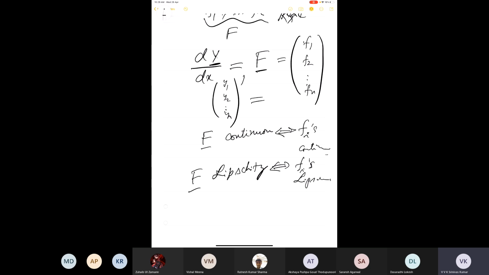How do we define the successive approximations here? Earlier we defined an integral from x naught to x of f of t, y of t, dt. Now it is the integral from x naught to x of F bar of t, y bar of t, dt. Is it just integration of the individual functions?